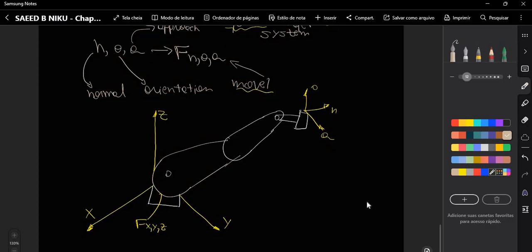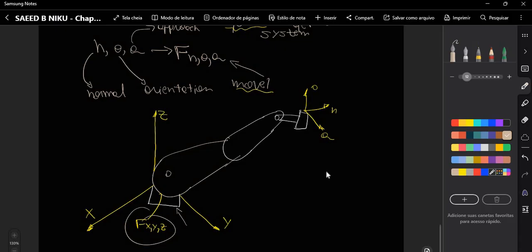Each direction of each referential, N, O, and A, is localized on the region of a reference system. This is represented by its three direction cosines related to a reference system, like you're seeing in this figure.